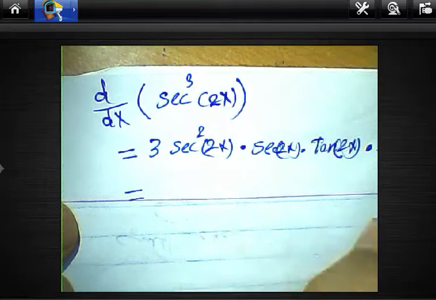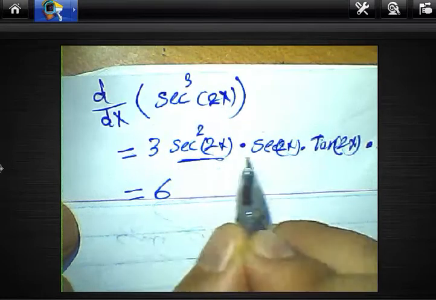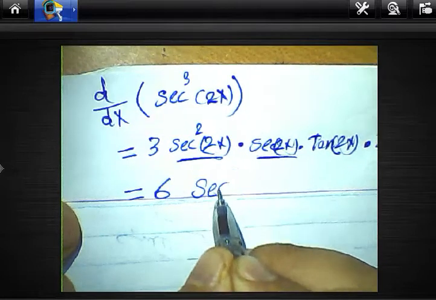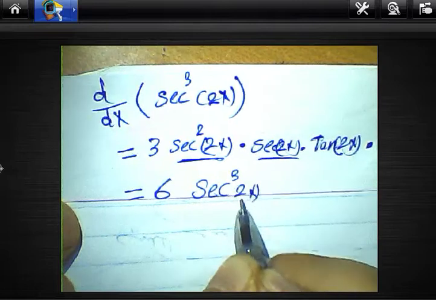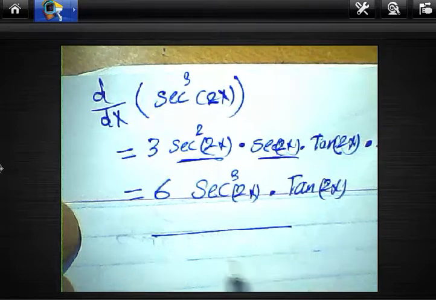So we can simplify: 2 multiplied by 3 equals 6, and sec power 2 of 2x multiplied by sec 2x gives sec power 3 of 2x multiplied by tan 2x.